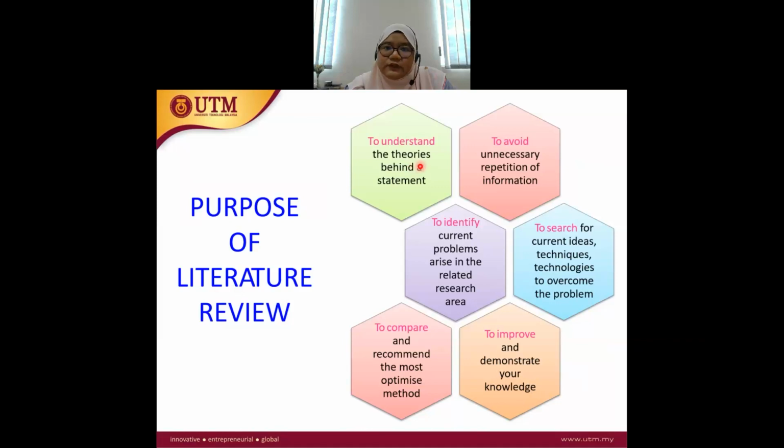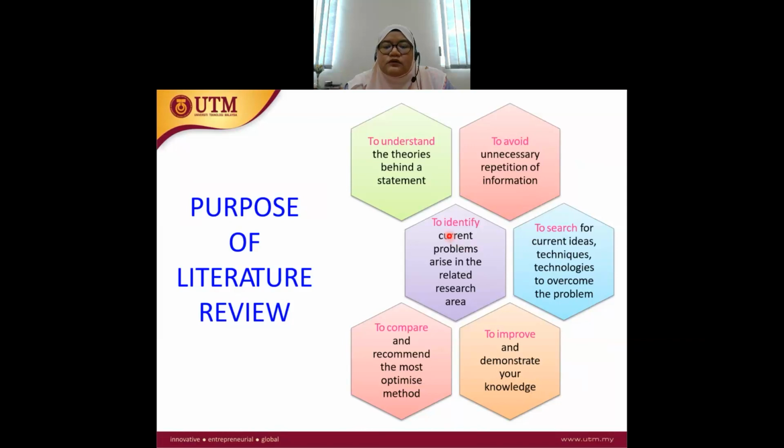There must be a theory, and you can find the theory by reading the literature review. Second, to avoid unnecessary repetition of information. You don't want to repeat your information all over your thesis.